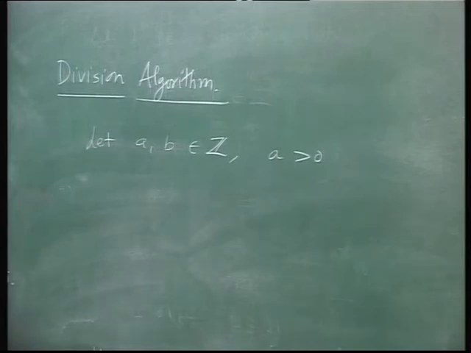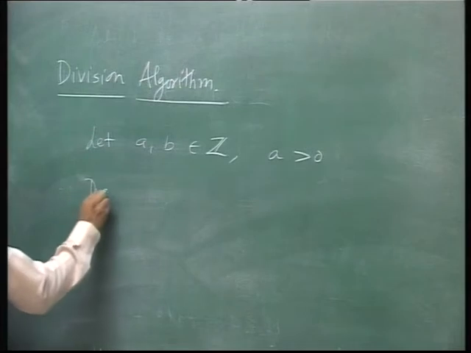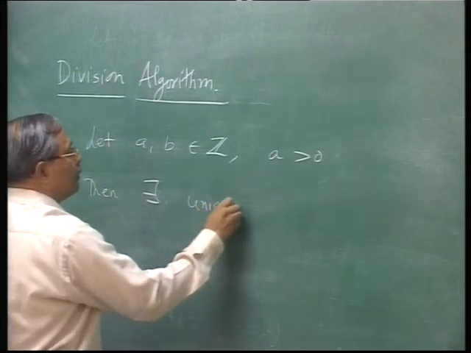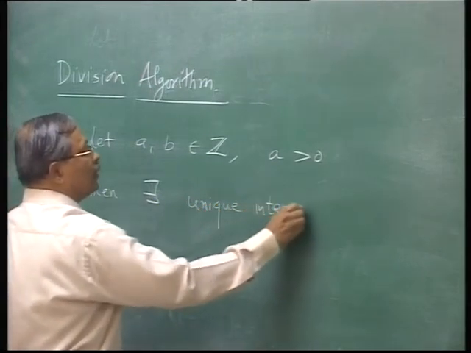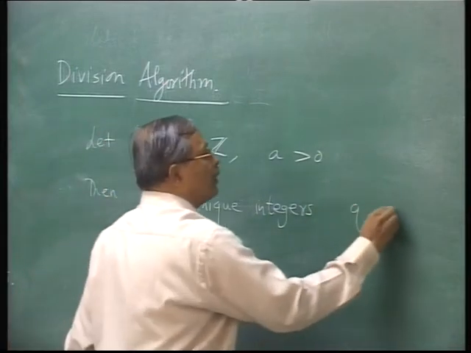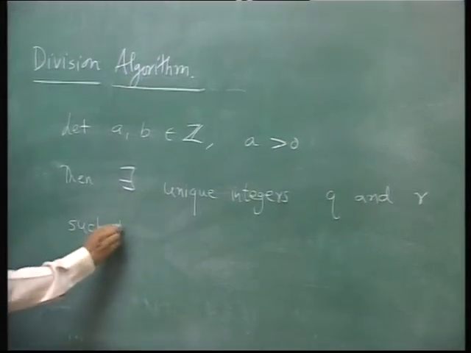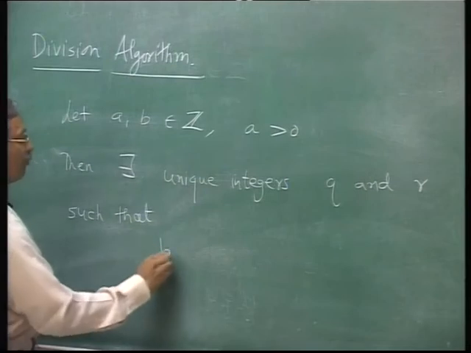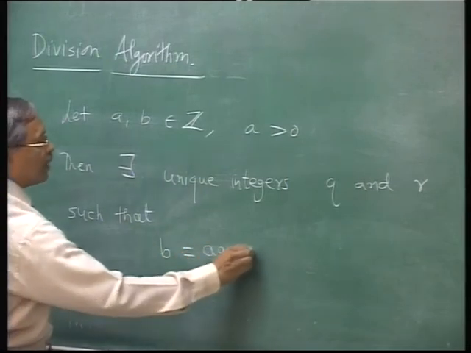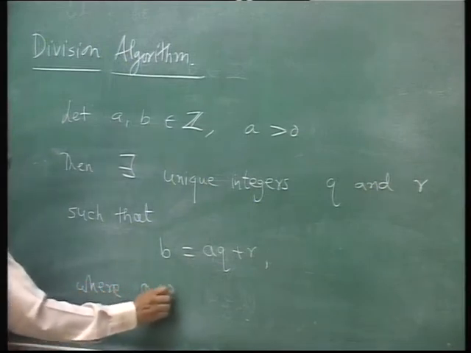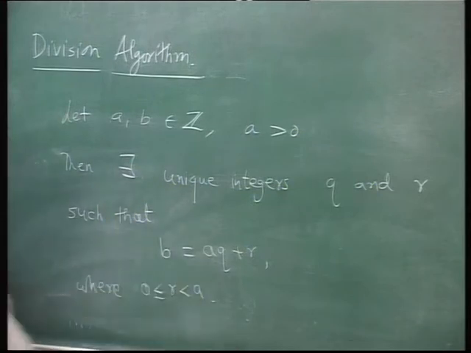So there exist unique integers q and r such that b equal to a times q plus r, where 0 less than or equal to r less than a.